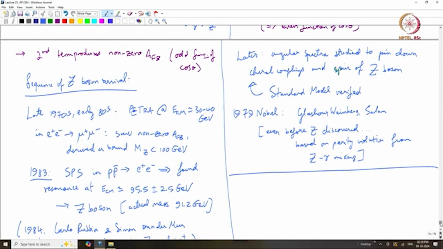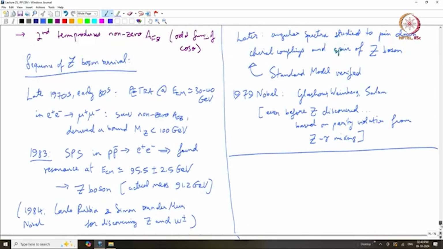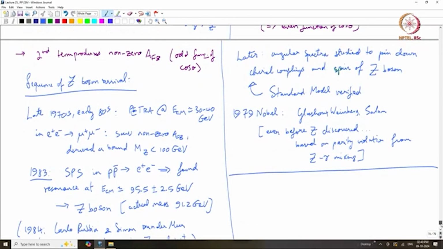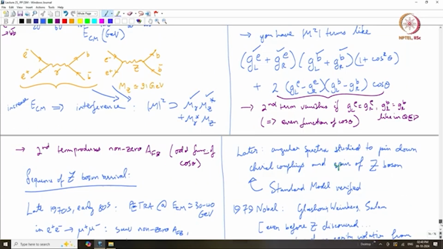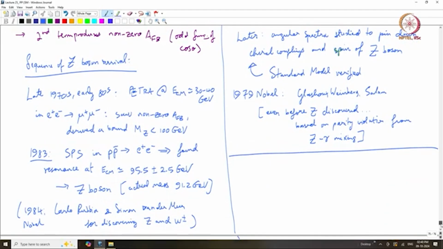People saw the forward backward asymmetry, and then Carlo Rubbia built a collider at 100 GeV center of mass energy and actually discovered the Z boson, and similarly Simon van der Meer discovered the W boson, and they also got the Nobel Prize in 1984. Excellent. So that nicely ties up all our discussions about the electroweak sector.